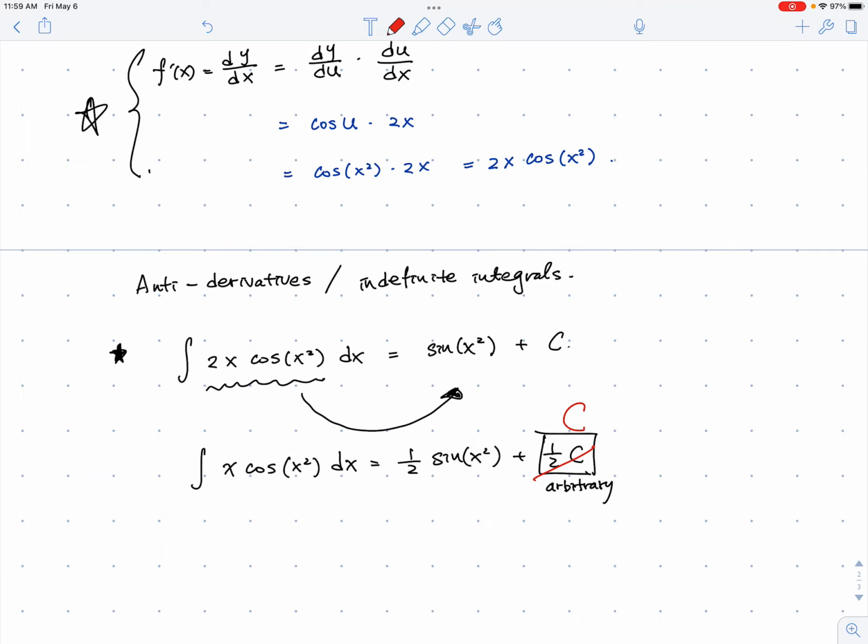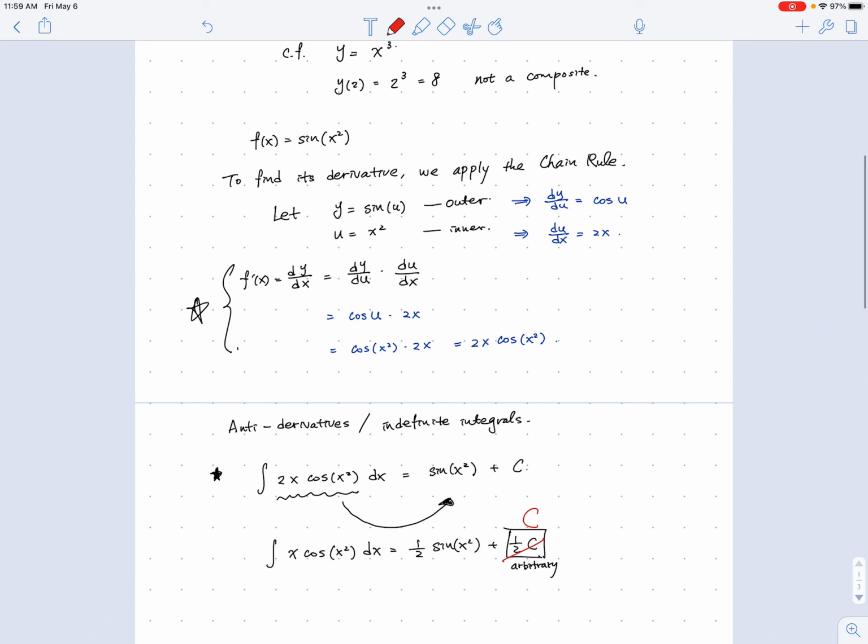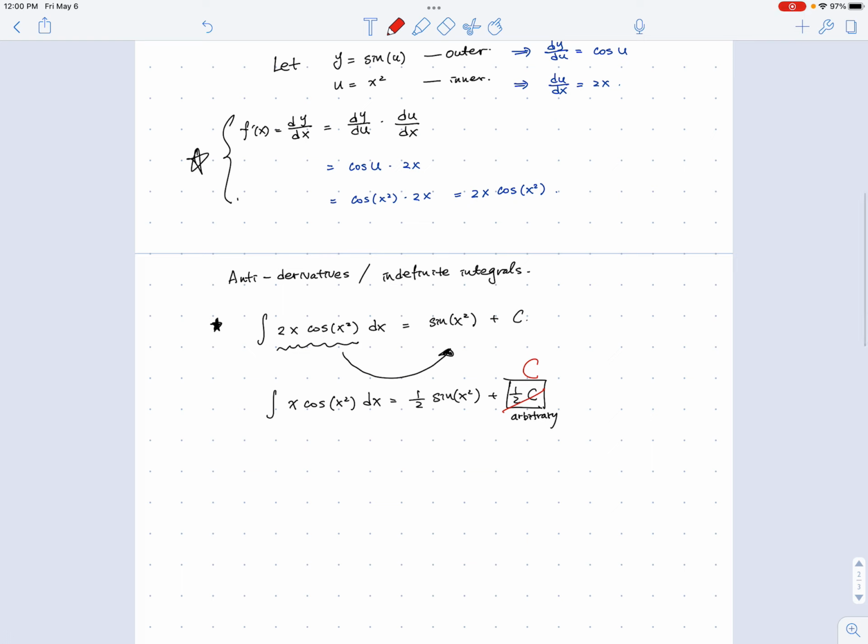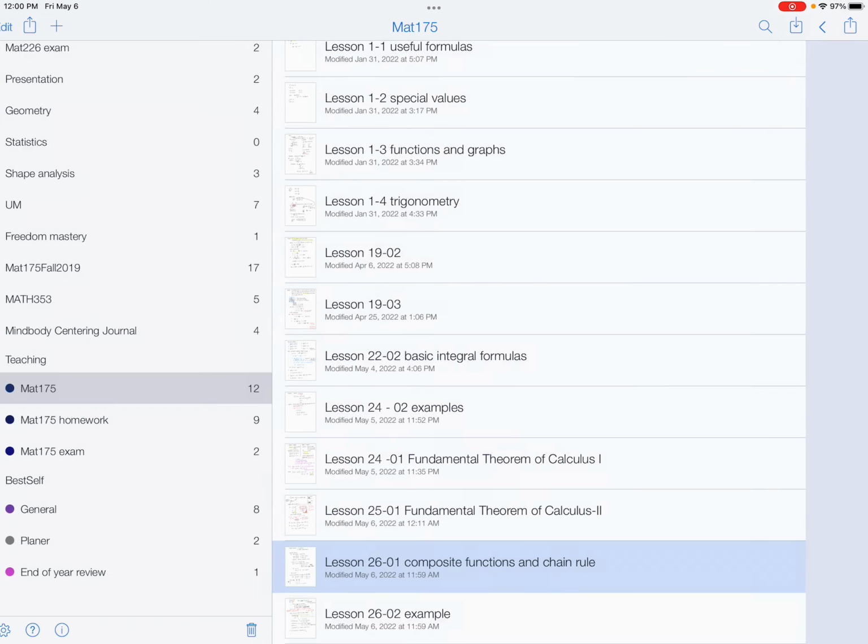In the previous video, we went from having a composite function, applying the chain rule to take the derivative and getting the result, so that if I happen to have an indefinite integral like this, I know what the answer is.